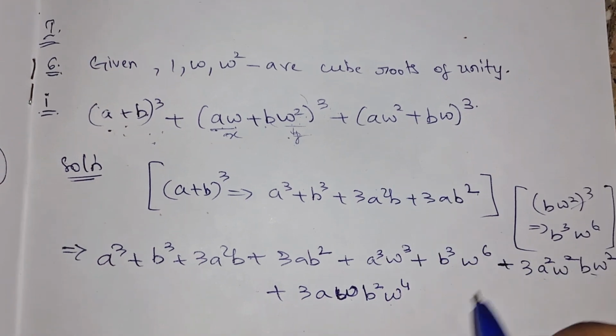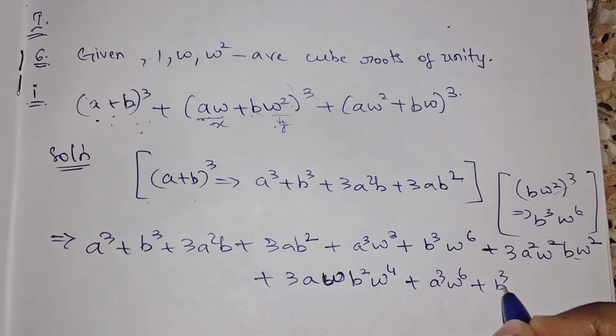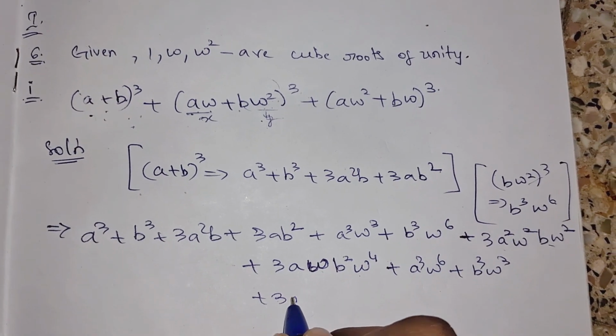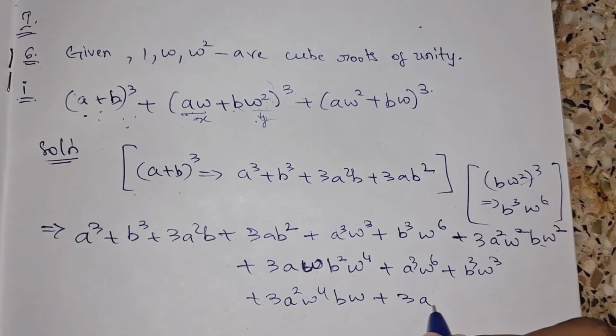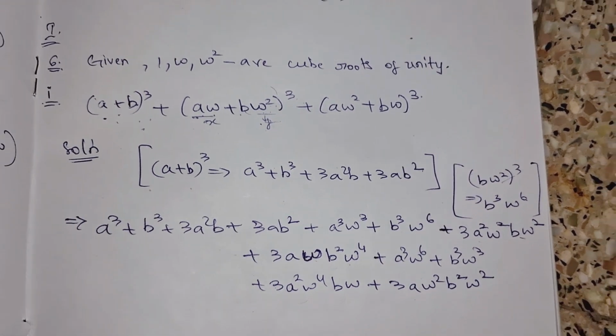Now if we expand the third term, we will get a cube omega 6 plus b cube omega cube plus 3a square omega 4 b omega plus 3a omega square b square omega square.